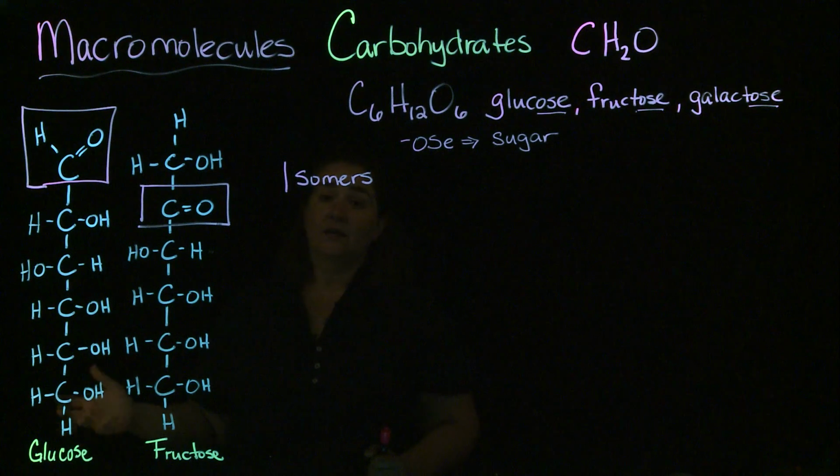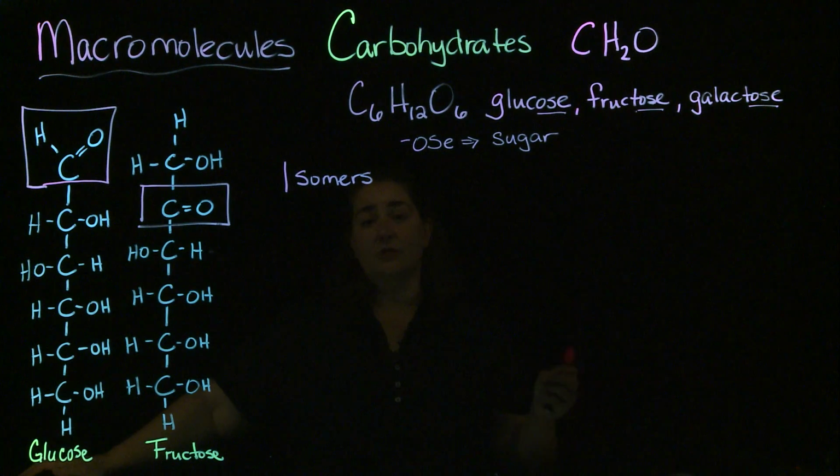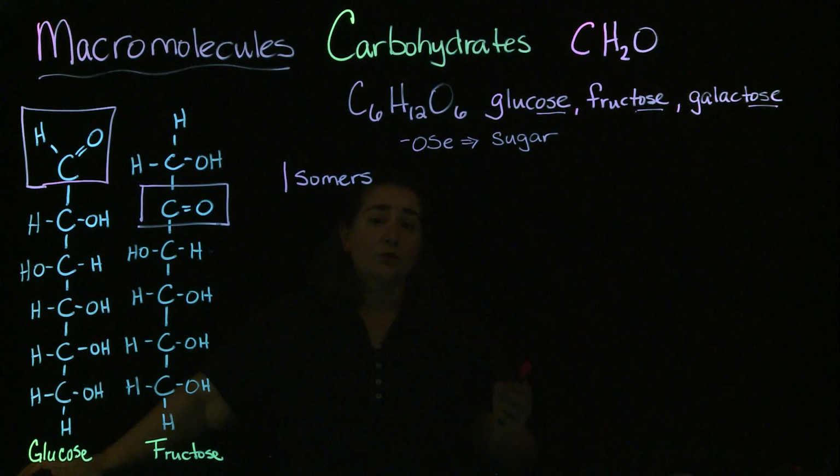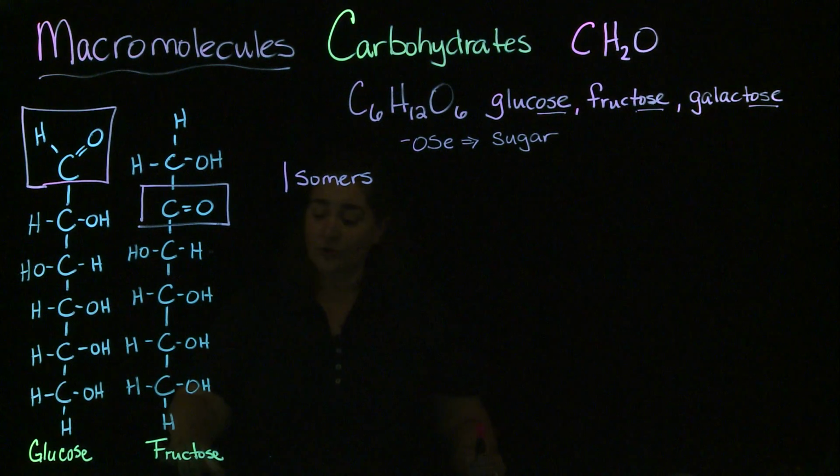That's why a lot of the food industry uses high fructose corn syrup as a sweetener. It's essentially a fructose molecule that is engineered from corn, from the carbohydrates associated with corn.